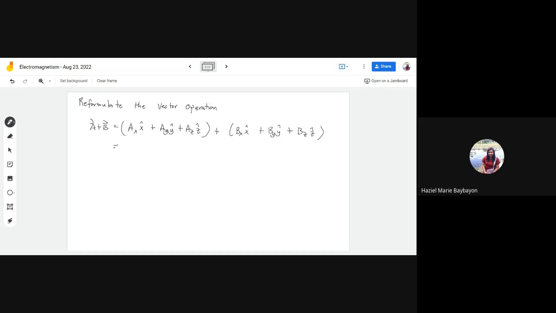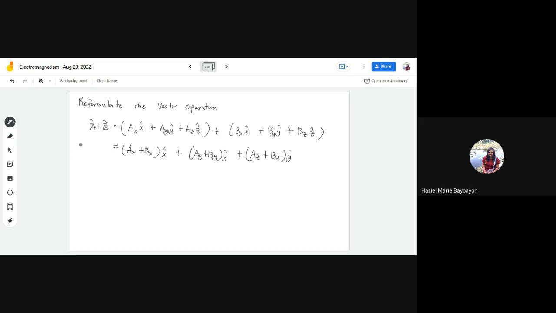Now, in adding vectors, you should add like components. For example, A sub x and B sub x are both x components. So we will add them. So you have A sub x plus B sub x, x hat. I-add lang nato ang like components. Plus A sub y plus B sub y, y hat, plus A sub z plus B sub z, z hat. Okay?